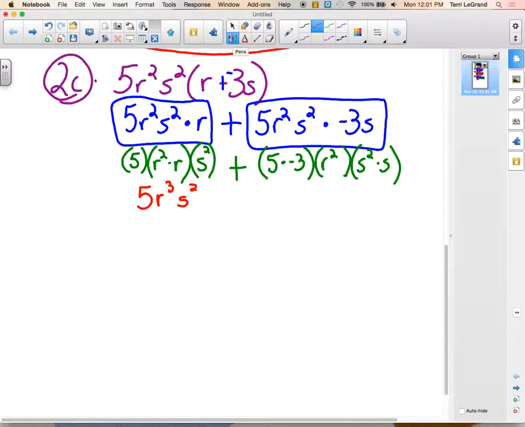Make the s's smaller so you can tell that they're not the 5. So 5r to the third power times s squared. That's our first product. What's our second product? Shmarky? Negative 15 r squared s cubed. Okay.